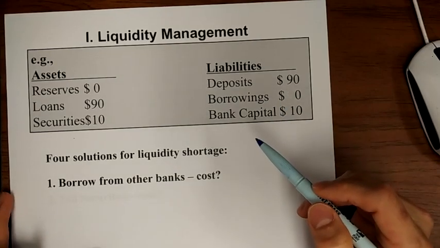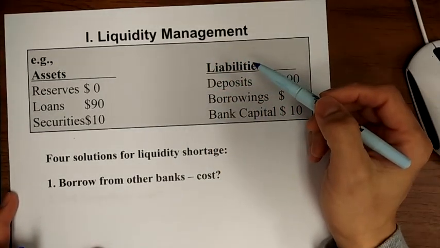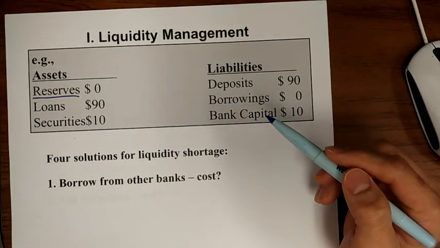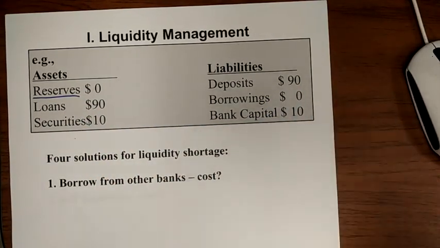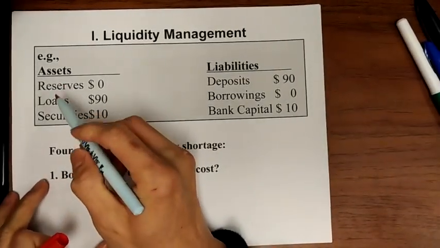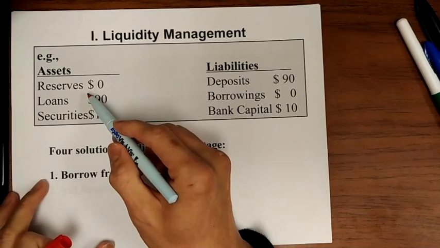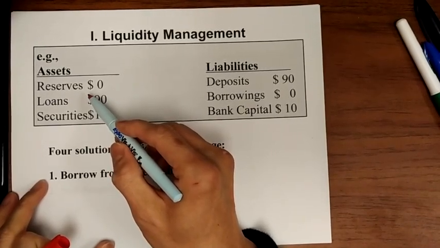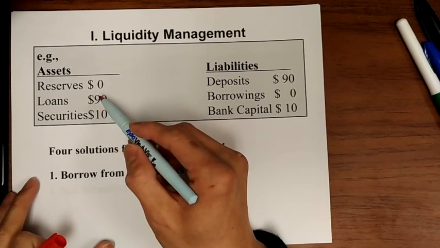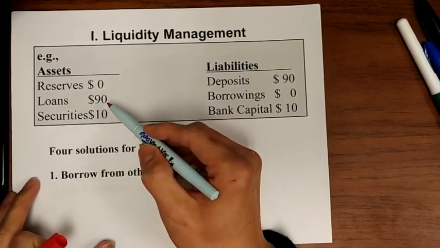First, if you are a liquidity manager, you are in charge of the reserves and cash item. Note that cash and reserve items are the assets that do not earn any return for the bank. They're cash.